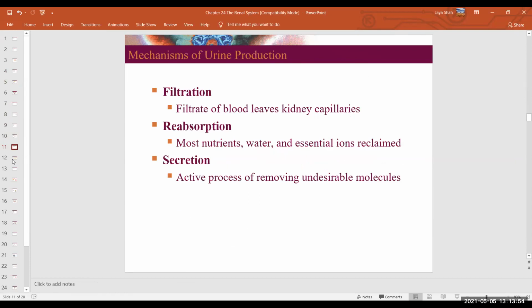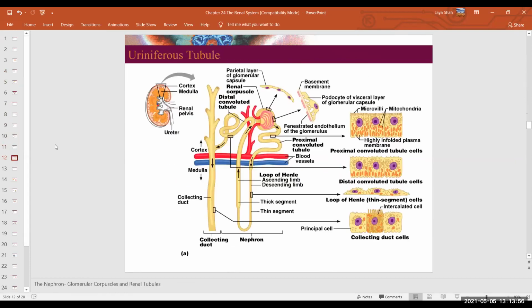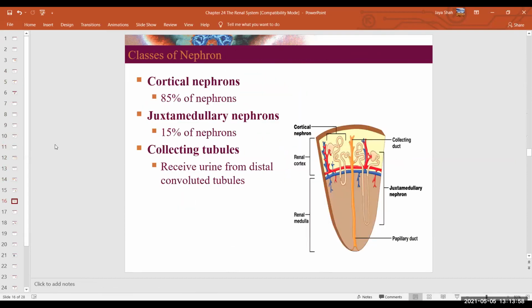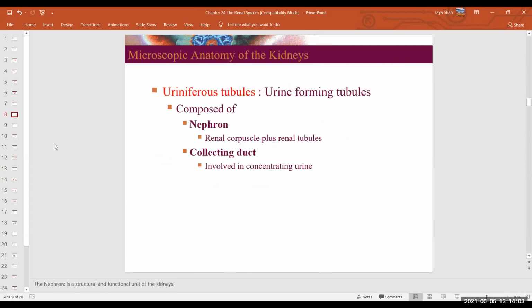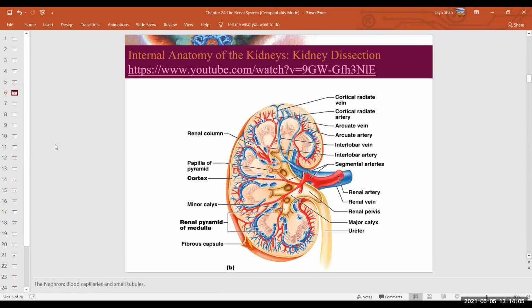Do I have kidney here? No. Okay, here you go. So this outer fibrous capsule. So outermost is the fibrous capsule.